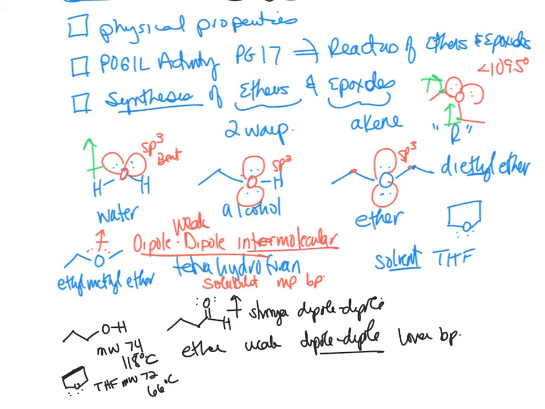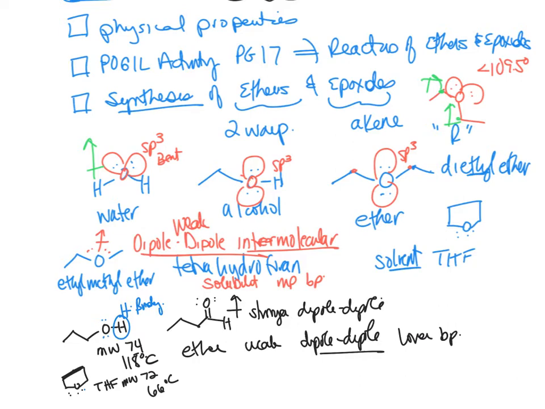So this is a significant difference, and this is because it does have a weak dipole-dipole. The butanol has hydrogen bonding, and we've talked about how hydrogen bonding has a higher intermolecular energy of dissociation.